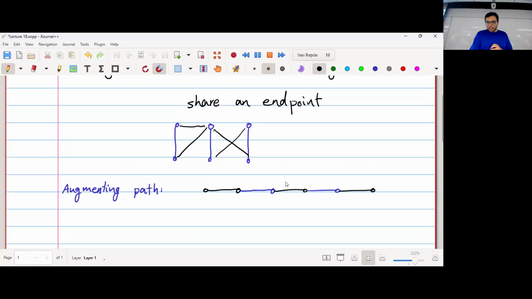So what can I do with an augmenting path? Anyone? So I can extend the size of my matching, right? And also the idea here is that this vertex should be unmatched, and I'm talking about an augmenting path, and this vertex should also be unmatched.